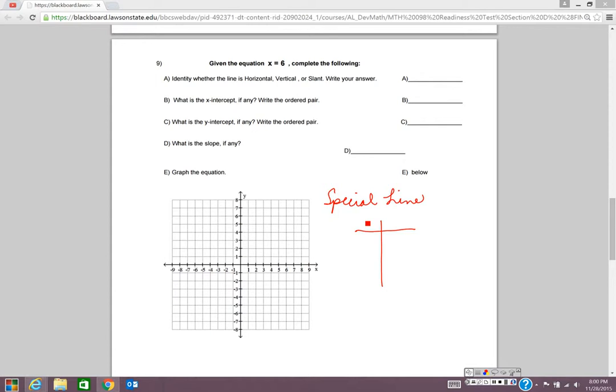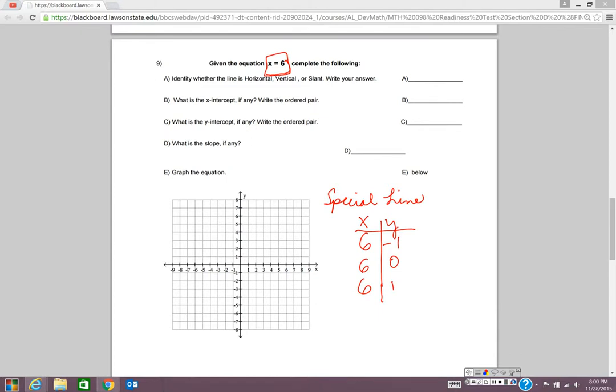I always use x, y, and for x, as you can see, x equals what? x equals 6. So I have no choice but to put 6 under x, because that's what x equals no matter what. Now for y, we can choose whatever we want, right?